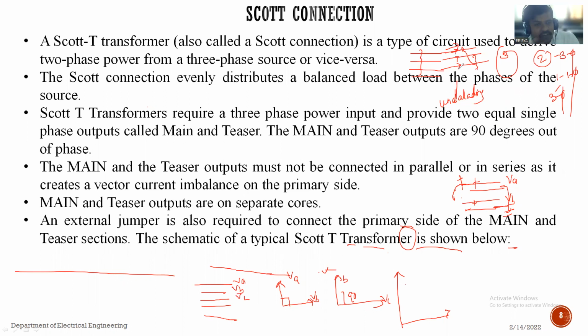See, the Scott connection or the T transformer requires a 3-phase power input, and it will provide 2 equal single phase outputs, which are called main and teaser. That means 2 single phase transformers can be used.